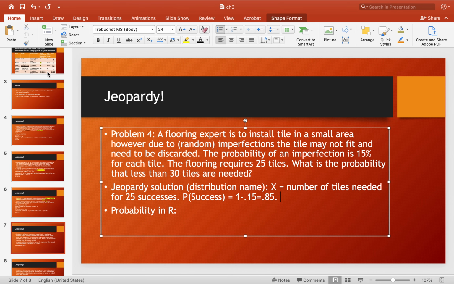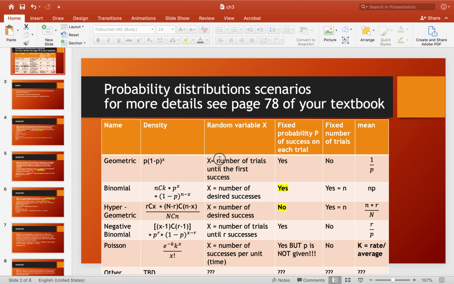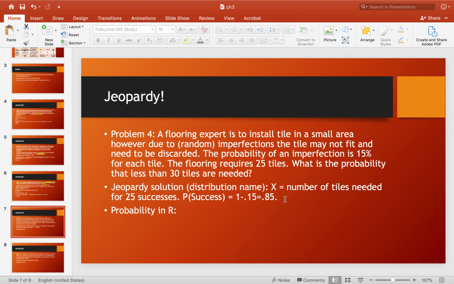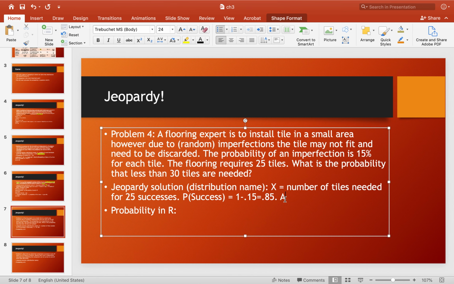Now, if I look back here, the geometric is the number of trials until the first success. I don't need one success, I need 25 successes, and I have a fixed probability p. So I think I'm in the negative binomial situation here. Number of trials until 25 successes, I have a fixed probability p. There's not a fixed number of trials, and just one thing that should be noted is that it's assumed each outcome is independent.